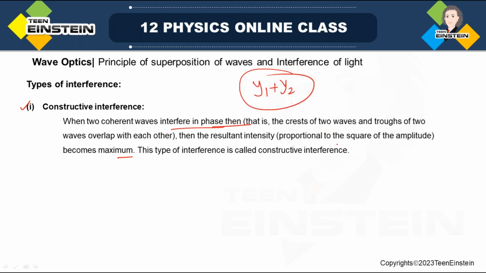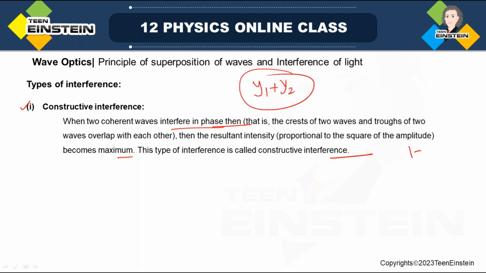This type of interference is called constructive interference. In simple language, where two waves interfere in phase, the intensity upon interfering would be maximum. That is called constructive interference.